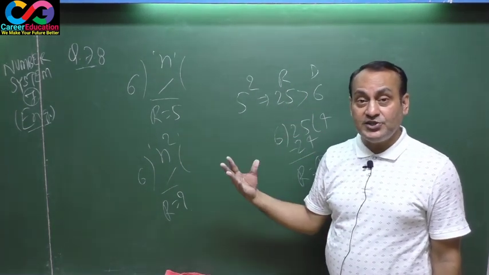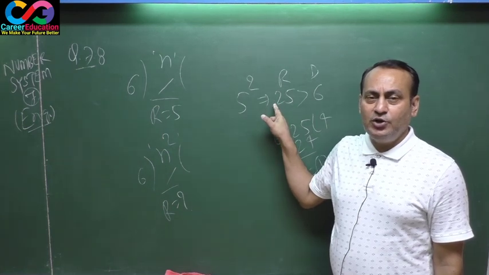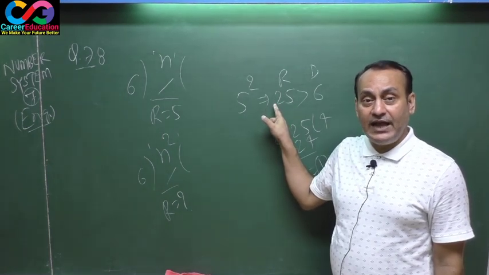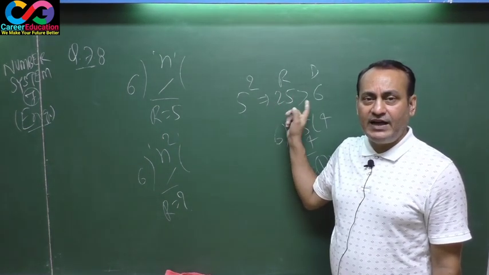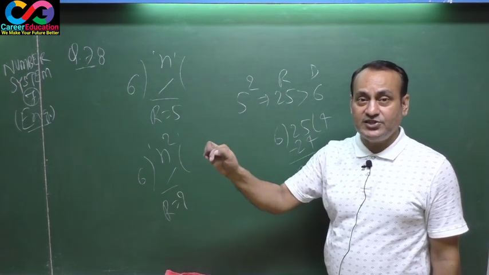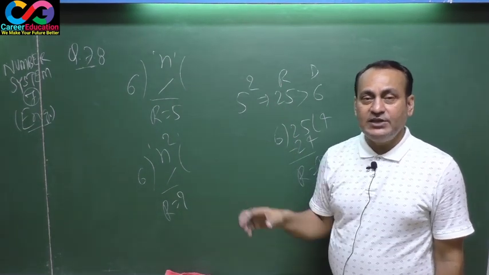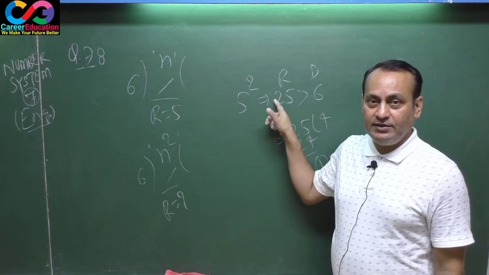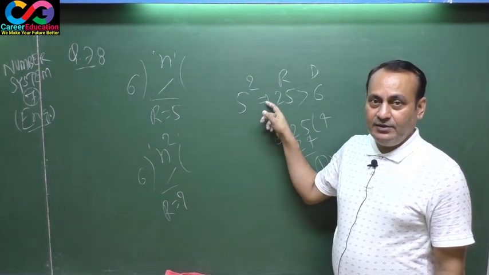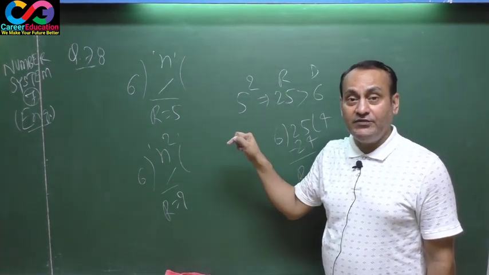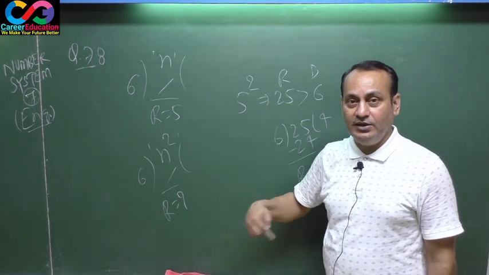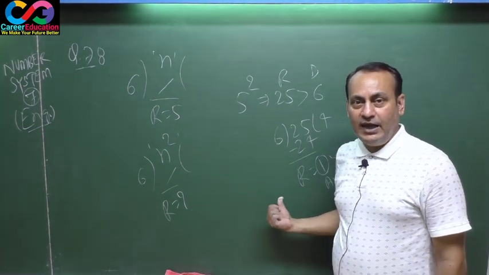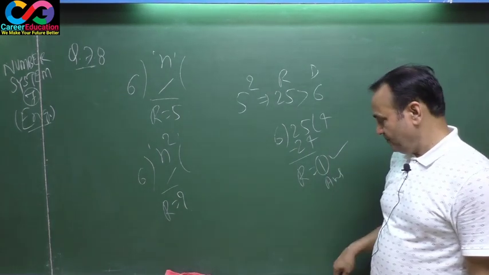Sometimes after application of the trick, this will be less than your divisor, that will be the final answer. Sometimes this will be just equal to your divisor, like 6 and 6, in that case remainder will be 0. And sometimes this will be greater than your divisor, then you will have to divide 25 by 6 again till getting the final remainder.